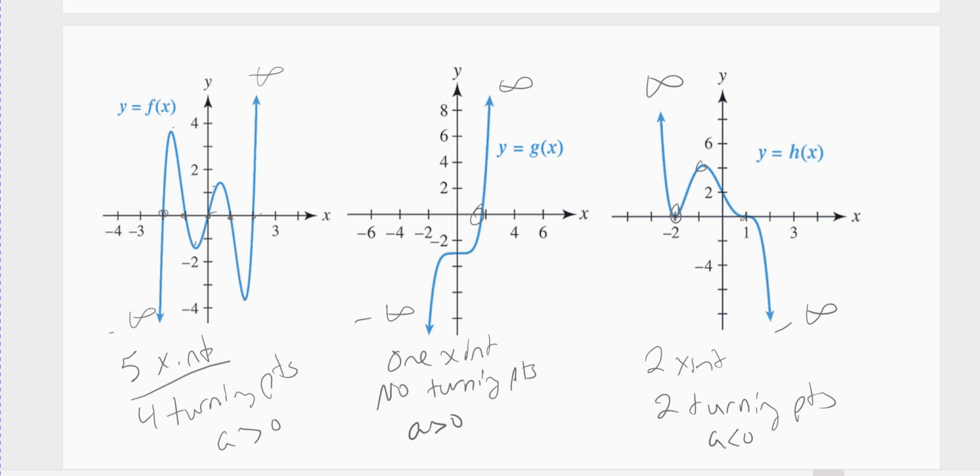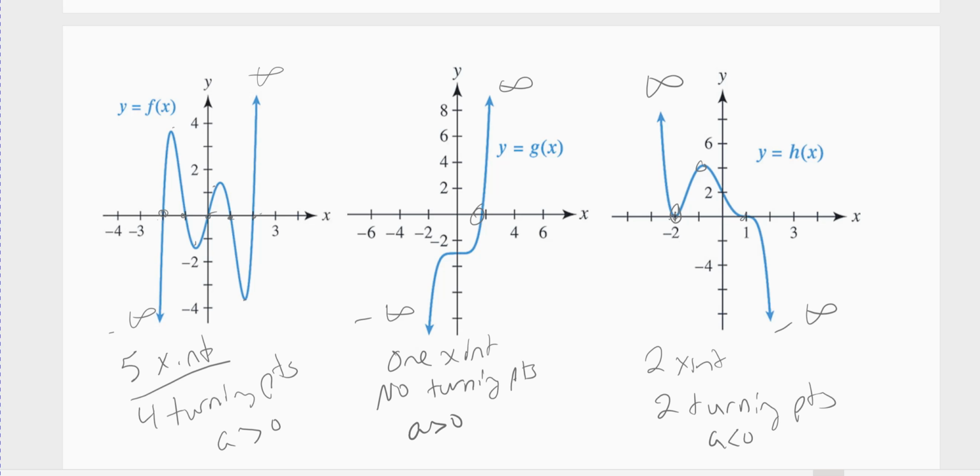So a was negative in that case. Let me double check this last one since I kept messing up. Positive on the negative side, negative on the positive side, so a is negative. It has 2 turning points and 2 places it crosses the x-axis.